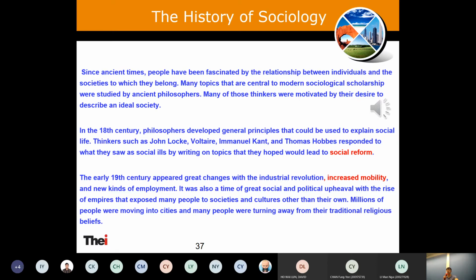So people started to talk about social reform and also social mobility, something like that. No one wants to stay in the same station for their whole life. And therefore, at that moment, we could see quite a number of conflicts emerging.